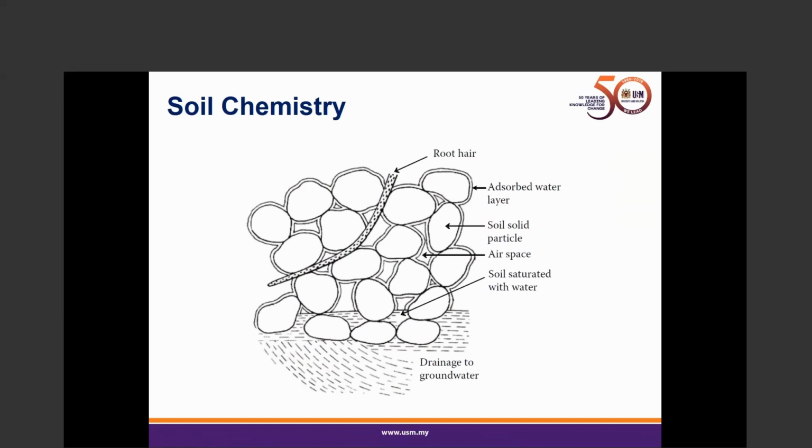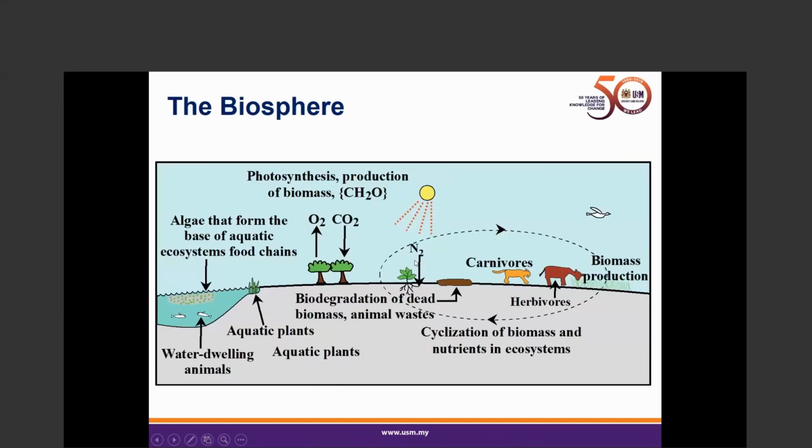You also have an absorbed water layer outside the solid particles. Beneath the soil, you can have the excess water that goes to the groundwater. In the soils, there are many chemical and biochemical reactions that can occur due to the presence of water and air.